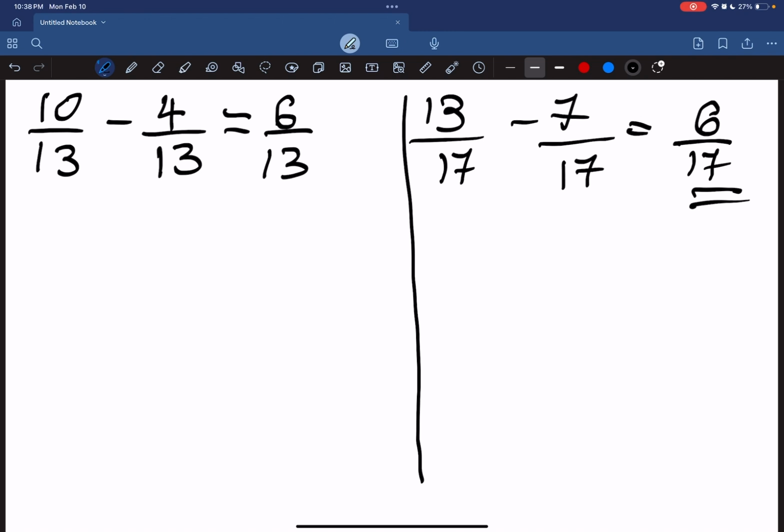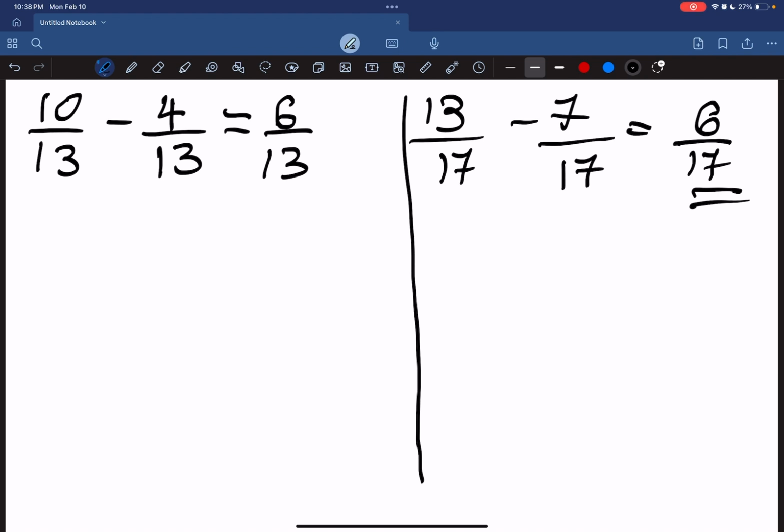Whenever you're adding and subtracting fractions, what you need to ensure is that the denominators are the same. If they are the same, your life is far, far easier. All you need to do is keep the denominator and add or subtract the numerator.